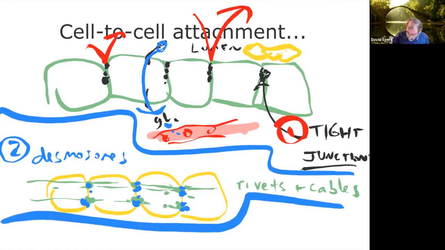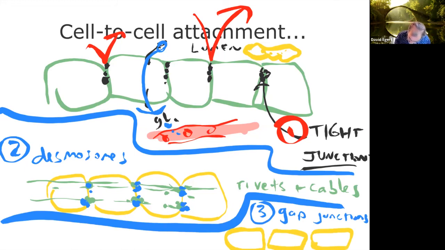And then the last one I'll mention are the gap junctions. So here's the cells. The gap junctions are actually like little tunnels. They're called connexons. They let stuff drift between the cells.